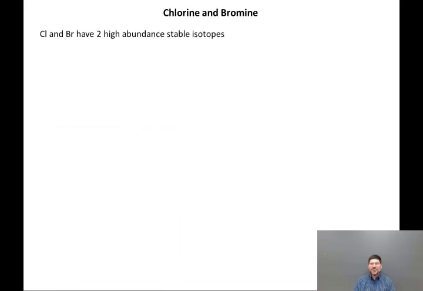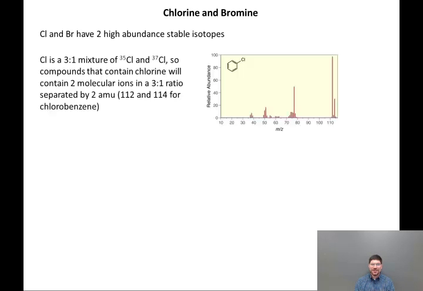The other place in which isotopes are really important is if you have an alkyl halide, or a molecule with either chlorine or bromine in it. You see, deuterium and carbon-13 are what we call low abundance stable isotopes. But chlorine and bromine have two high abundance stable isotopes. Chlorine, its atomic mass on the periodic table is 35.45.